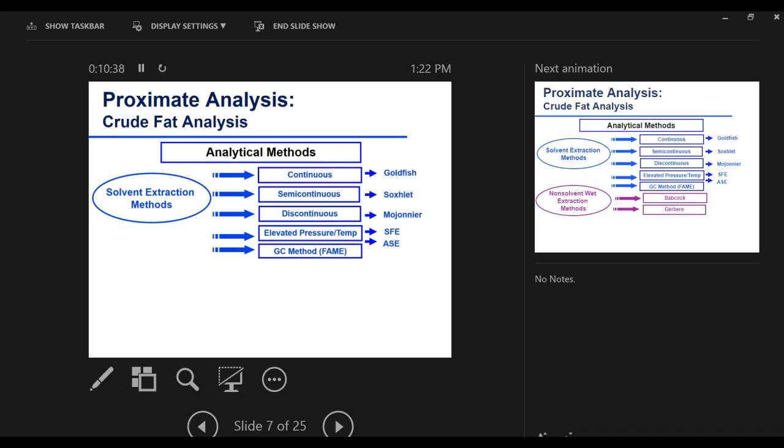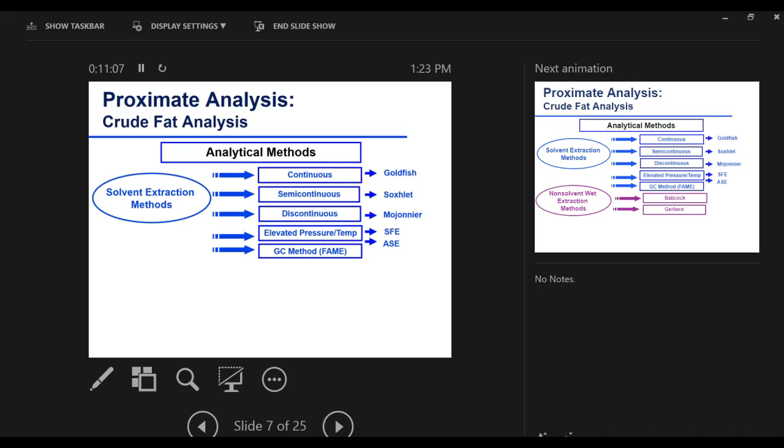It's one of the old methods for fat extraction. Semi-continuous, which you did in the lab, and discontinuous, you also did in the lab. And then two other methods, still solvent methods, using solvent under elevated pressure and temperature: supercritical fluid extraction and accelerated solvent extraction. We'll talk briefly about those later.